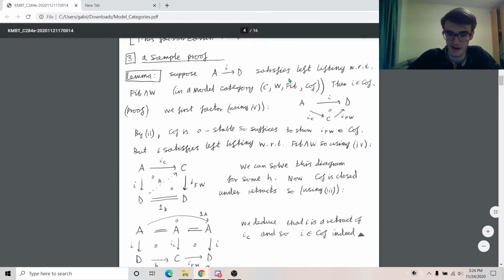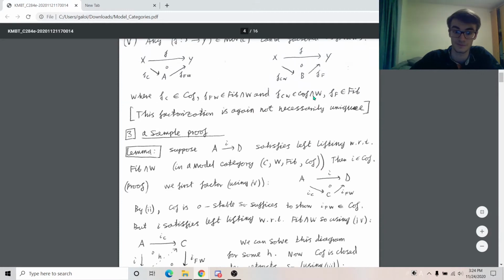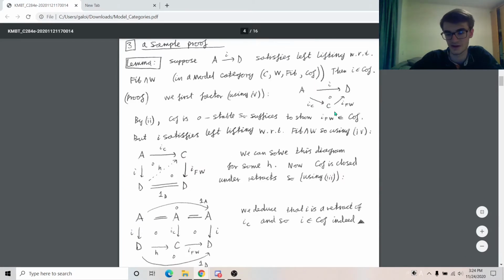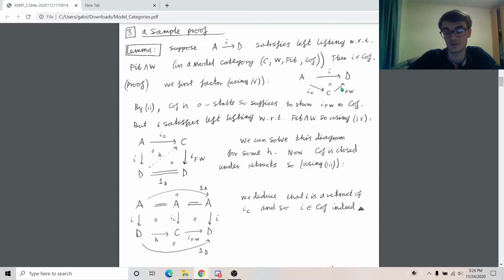First of all, you take your map I, which satisfies left lifting, and you factor it using property 5. You can factor it as a cofibration IC and then a fibration and a weak equivalence IFW. Now, remember, cofibrations are stable under composition. So to show that I is a cofibration, we know IC is a cofibration, so we have to show IFW is a cofibration.